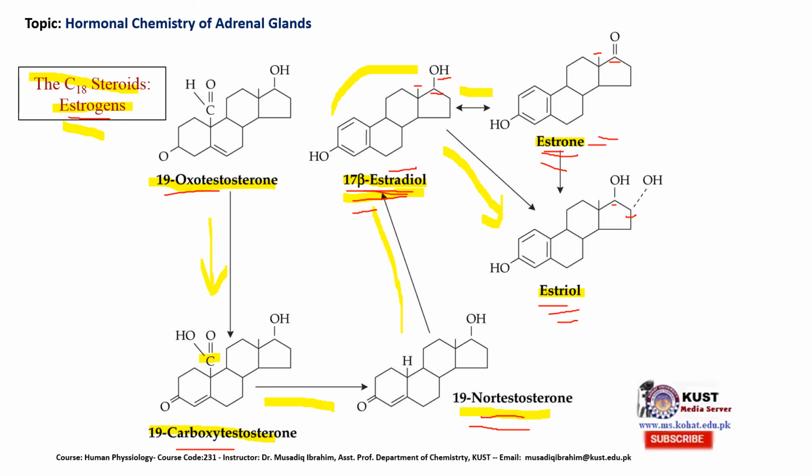In estriol, we have a hydroxyl group at carbon number 17, while in estrone we have a double bond oxygen present at carbon number 17, and at carbon number 16 we have an additional hydroxyl group present, while in estrone we don't have any functional group present at carbon number 16.